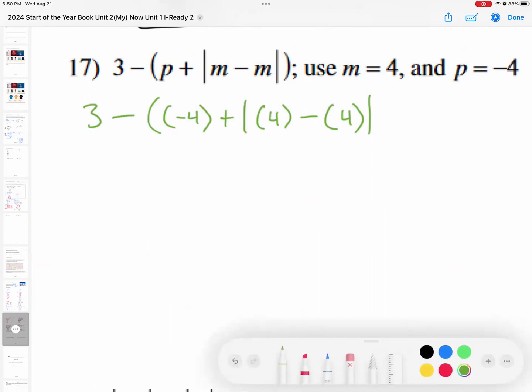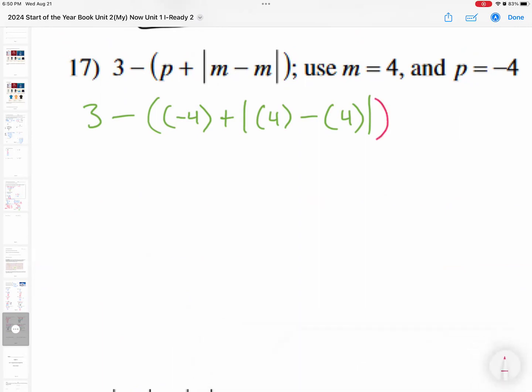Now, this is seen as the innermost grouping because it's that absolute value within the outside parentheses. So everything else, we're going to drop down. Not going to get rid of parentheses, literally just drop it down. Inside of that absolute value, 4 plus -4 is 0.